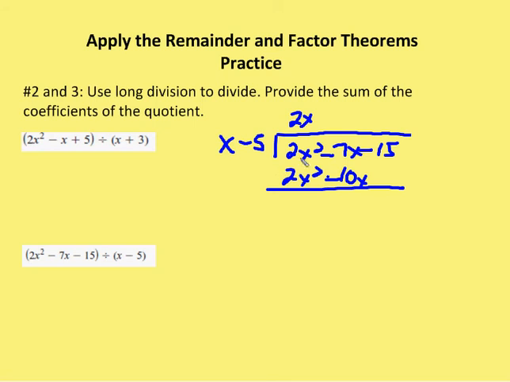I subtract the product of the first term of the quotient times the divisor, and I get 0x squared. Minus 7x minus minus 10x gives me 3x. Minus 15 minus 0 gives me minus 15.